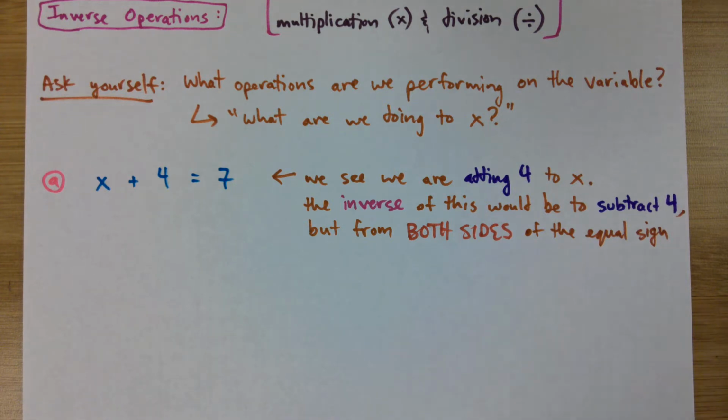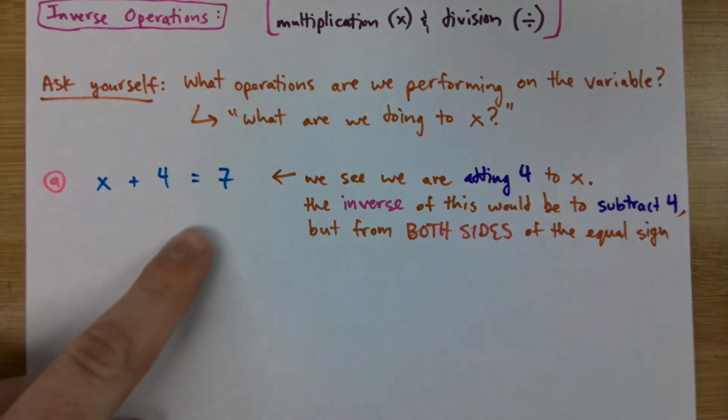So maybe like, why are we doing all this writing and all this thinking if we know that the answer is 3? Because you're not always going to get an equation where you're going to know the answer right off the bat. And we'll see one of those equations here in a little bit. So here's what I want you to do. This may be familiar to some of you depending on your teacher last year.